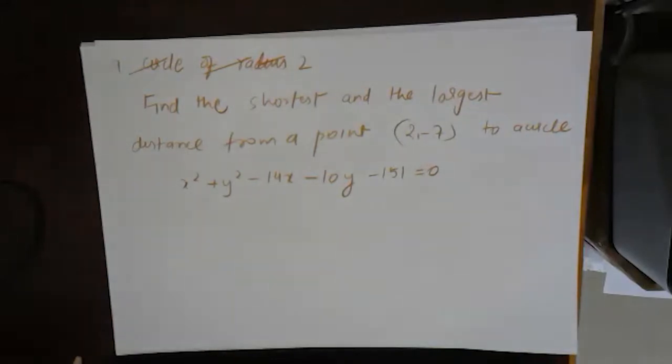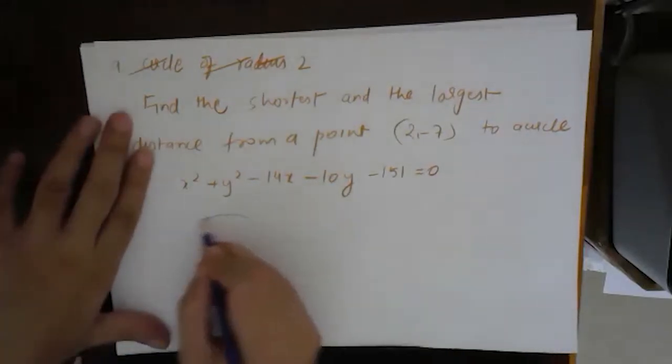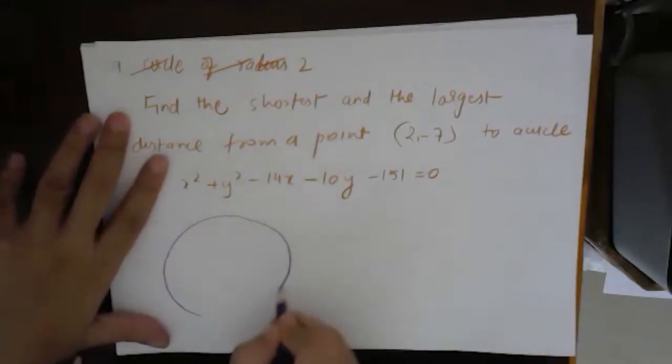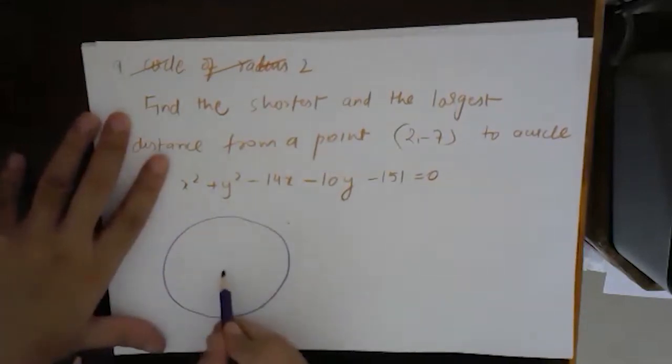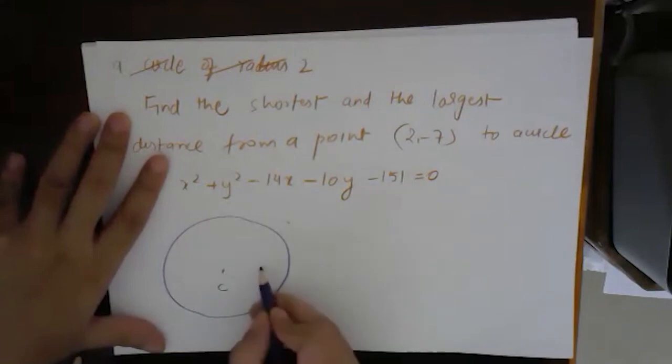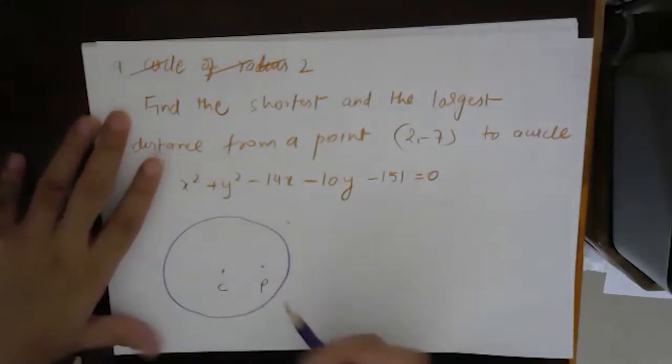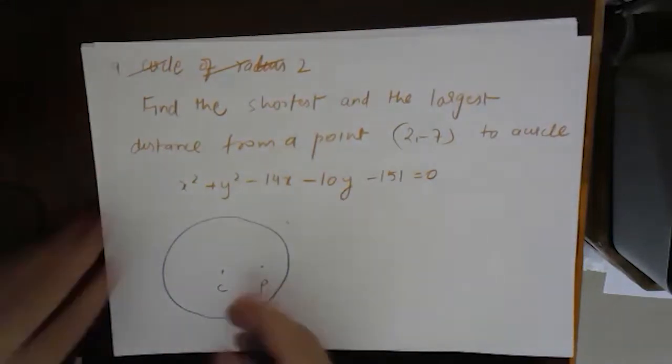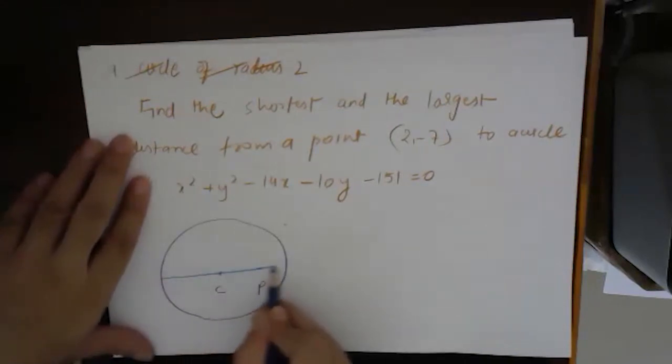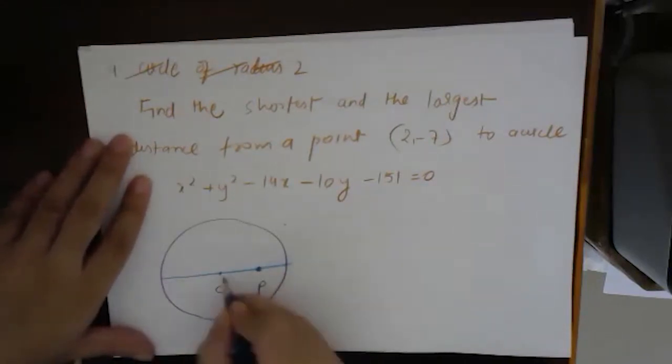So for a point to lie inside the circle, suppose this is the circle, this is the center, and this is the point P. If this point is lying inside the circle, what will be the minimum and the largest distance between the point and the circle?